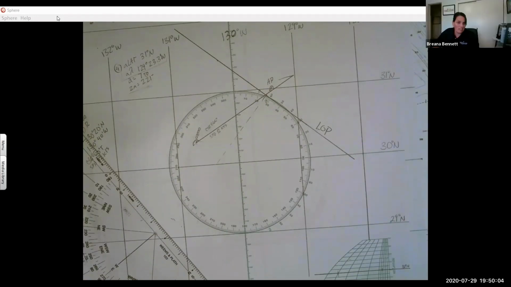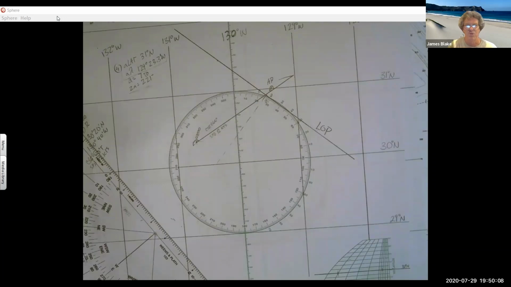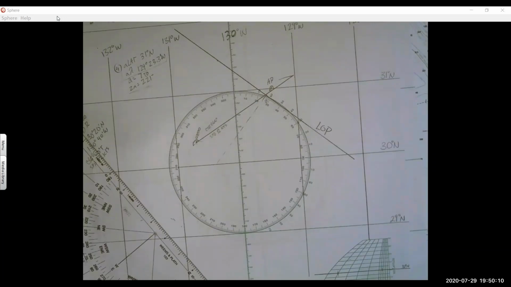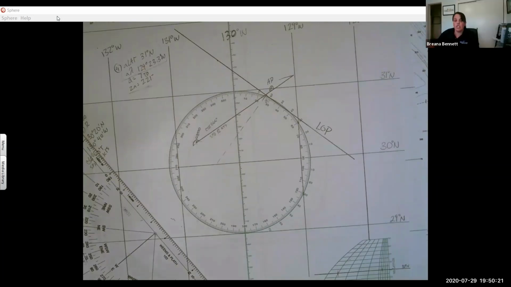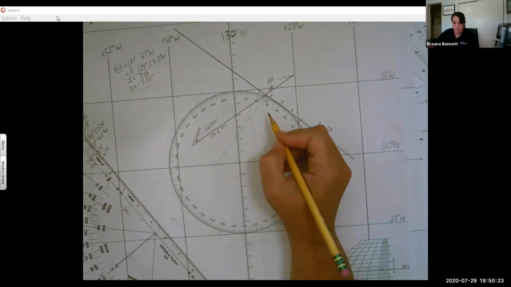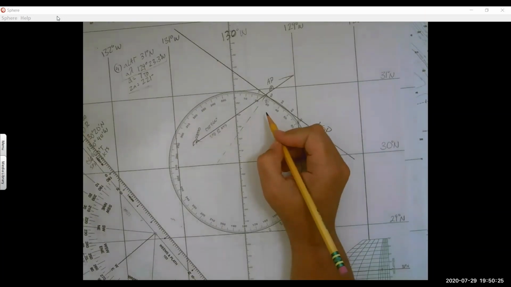Kind of following along? Yeah, just the towards and away part. Is towards or away from the DR, is that correct? Towards or away from the assumed position. Where do you start then?